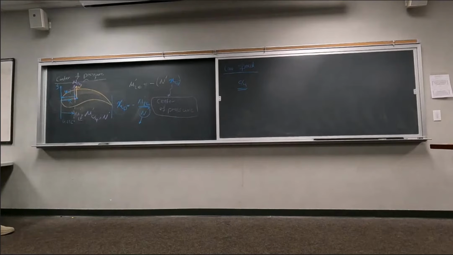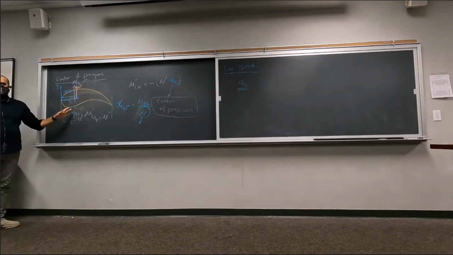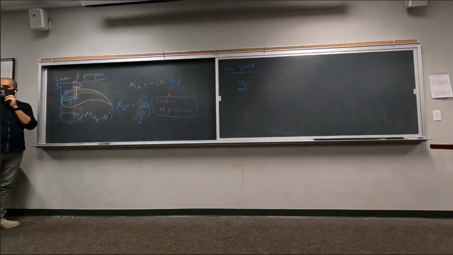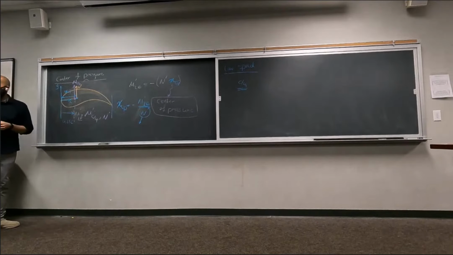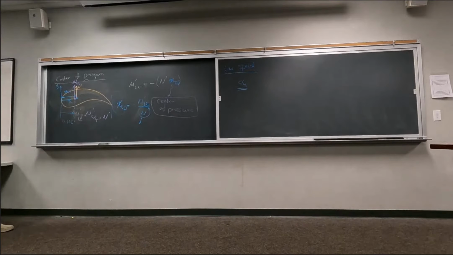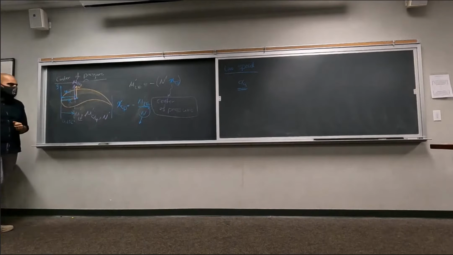We want to find the relationship between the moment at the quarter chord, this distance, center of pressure, and the moment at the leading edge. The first question you need to answer is whether we have the distance from the leading edge to the quarter chord. That's it. That comes from the definition, right? You don't need to do any measurement or calculation, right?